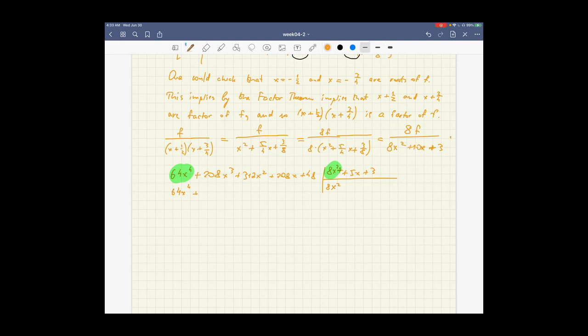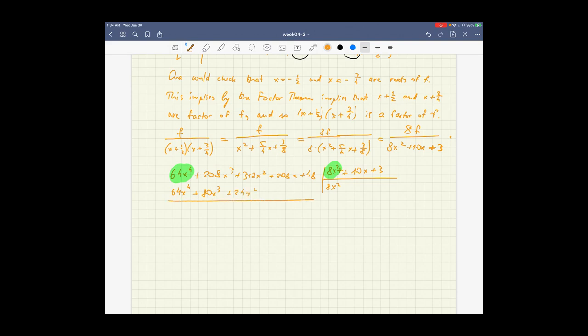And here we have 3. 8x squared times 8x squared gives us 64x to the fourth. 8 times x squared times 10x gives us 80x cubed. And 8x squared times 3 gives us 24x squared.